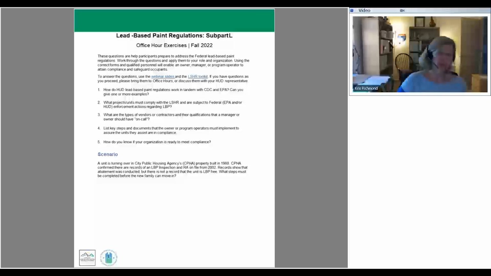If before that, we found that we didn't have any records to show that we had lead work done, we would need to do a lead inspection and a risk assessment. And so we would need to hire a risk assessor to do that part.